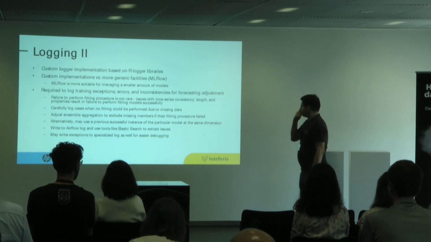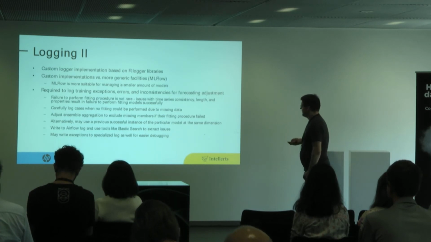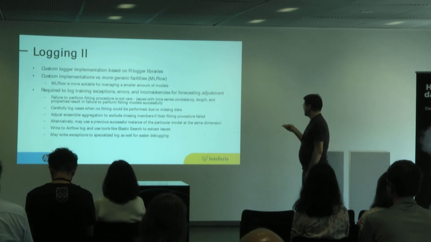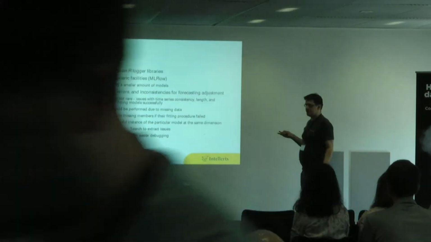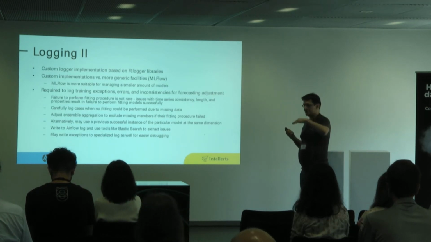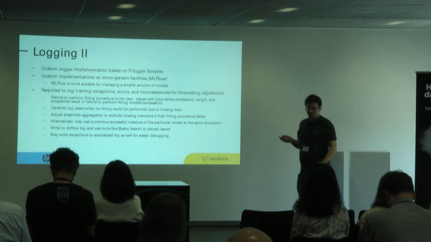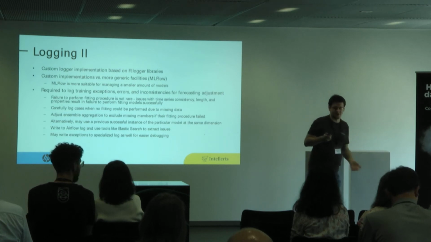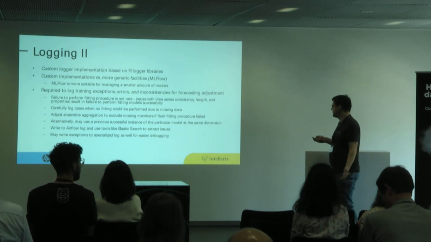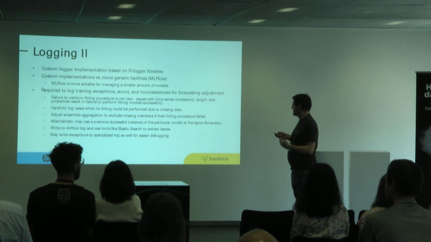Failure to perform fitting procedures does not happen very rarely, as we have issues with time consistency and length, for example. If we don't have any data, naturally the model fitting might fail at some particular step, because we don't have any history, or part of the history is missing, or some other issues are preventing us from performing the action successfully.